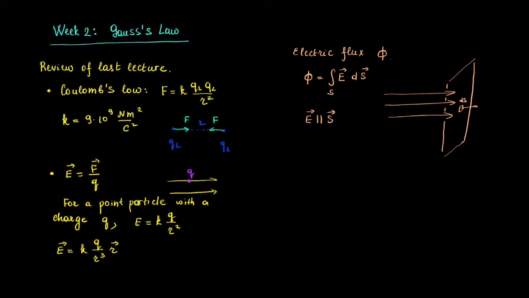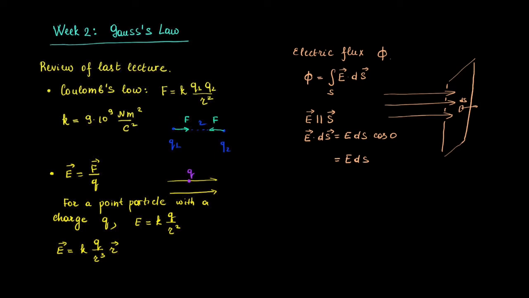Now in this case, E and S are collinear vectors, so the scalar multiplication of these two vectors is equal to E dS multiplied by the cosine of the angle between them. Since they are collinear, the angle between them is 0, and it's just equal to E dS.